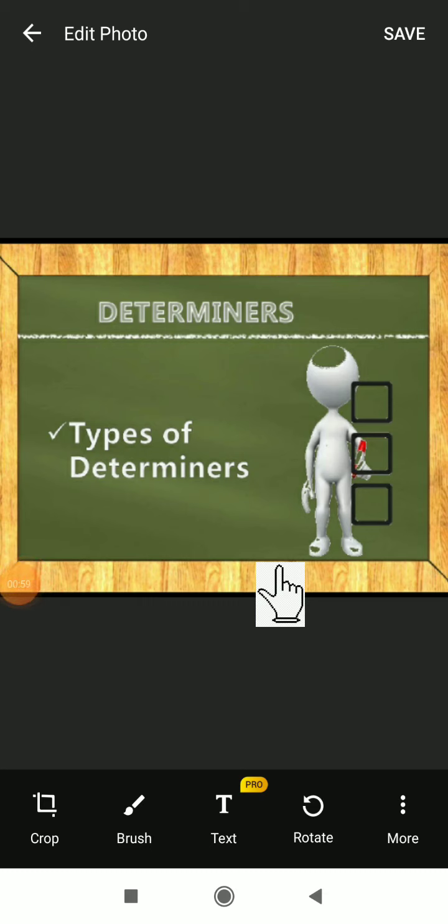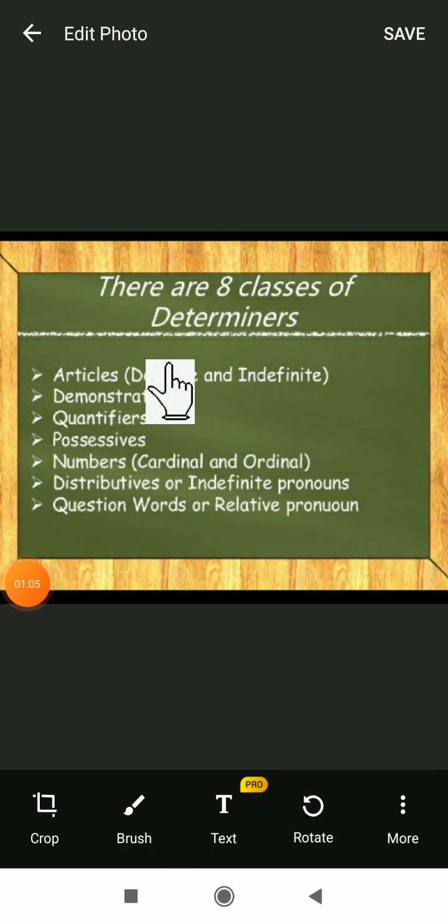So here determiners have different types. Let's see the types of determiners. These determiners are classified into 8 types. First one is article, that should be definite and indefinite.